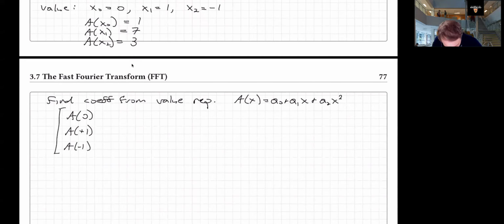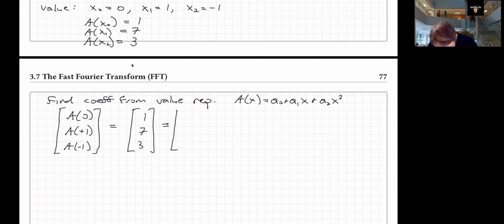I'm going to arrange them into a vector. So those values, which we just wrote above, were 1, 7, and 3. And that equals some matrix multiplying the coefficients a0, a1, a2.